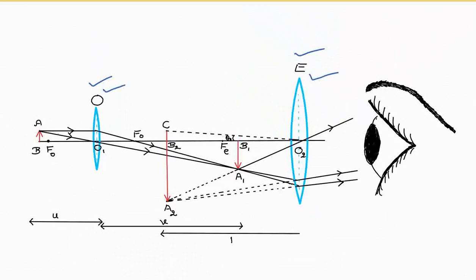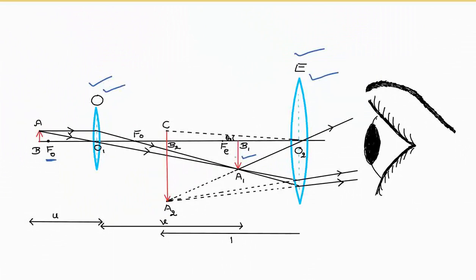Here AB is the object which is situated beyond the focus. FO is the focus of the objective lens. So here the object AB is placed beyond the focus of the objective lens. As we know, when the object lies beyond the focus, the image formed is real, inverted and large in size. So here A1B1 is the image of this object AB, which is inverted, real and large in size.